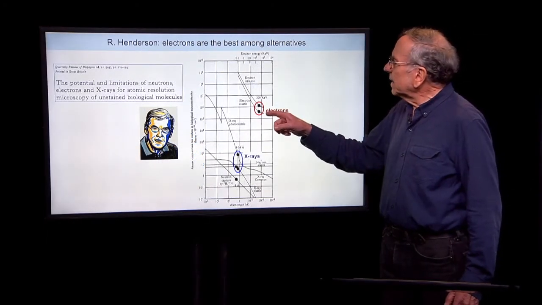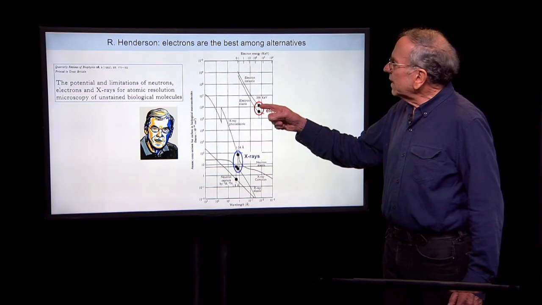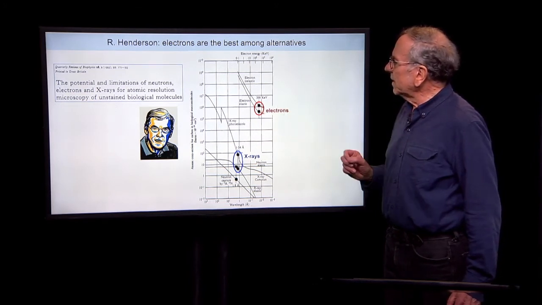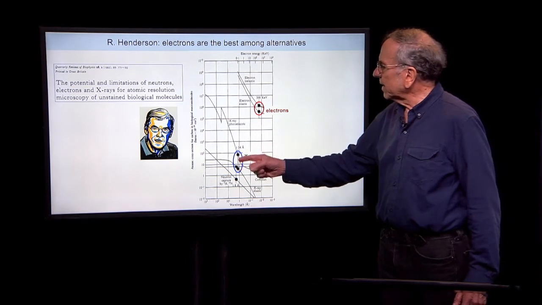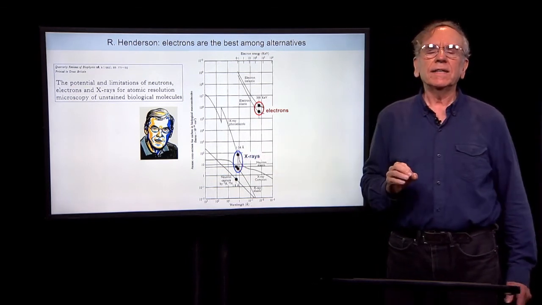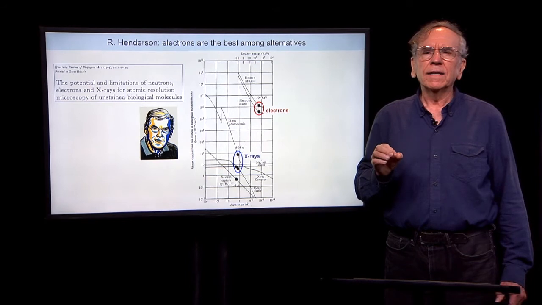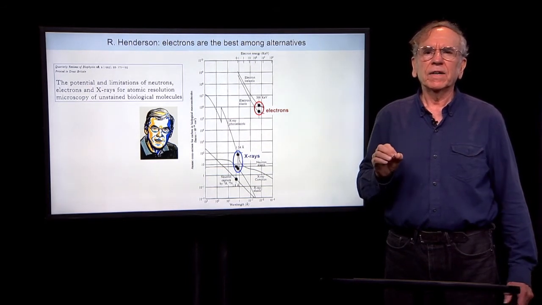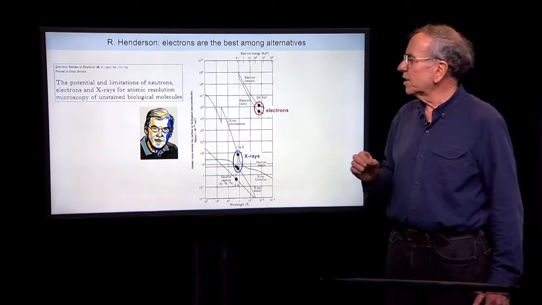The other thing is that the ratio of inelastic to elastic scattering is more favorable in the case of electrons than to X-rays. And this is even neglecting the fact that inelastic scattering events in X-rays cause much more radiation damage.